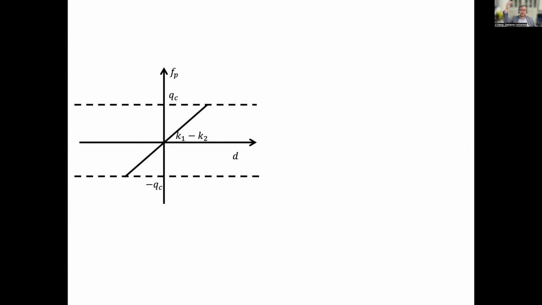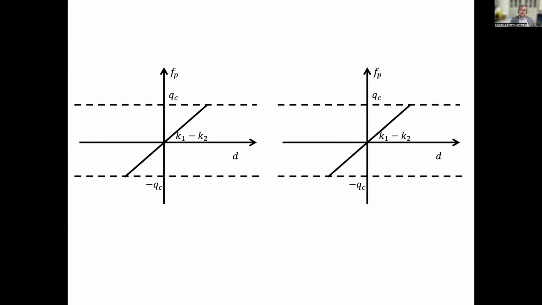Upper boundary is QC, low boundary is minus QC. So we never cross that boundary. We just linearly calculate, just check once it is larger than the boundary, and just put it back, make the force equal to QC.